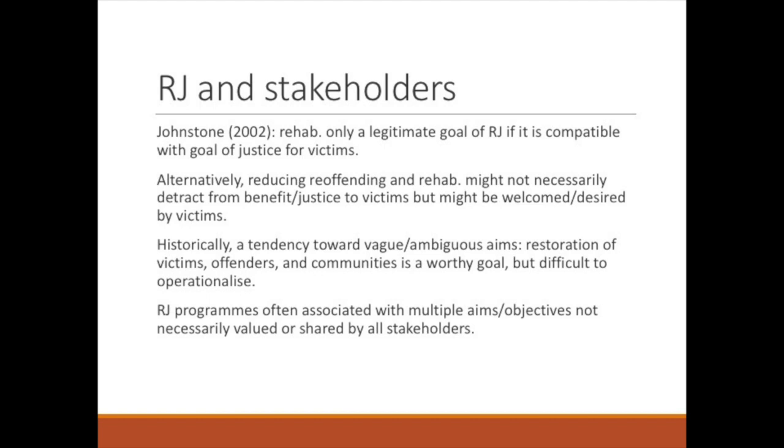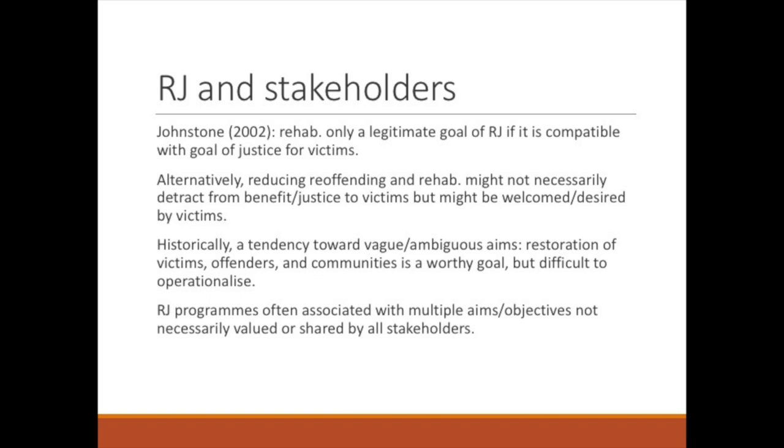Alternatively, reducing reoffending and rehabilitation might not necessarily detract from the justice to victims, but victims might actually welcome or desire it themselves, to see the offenders make a change.